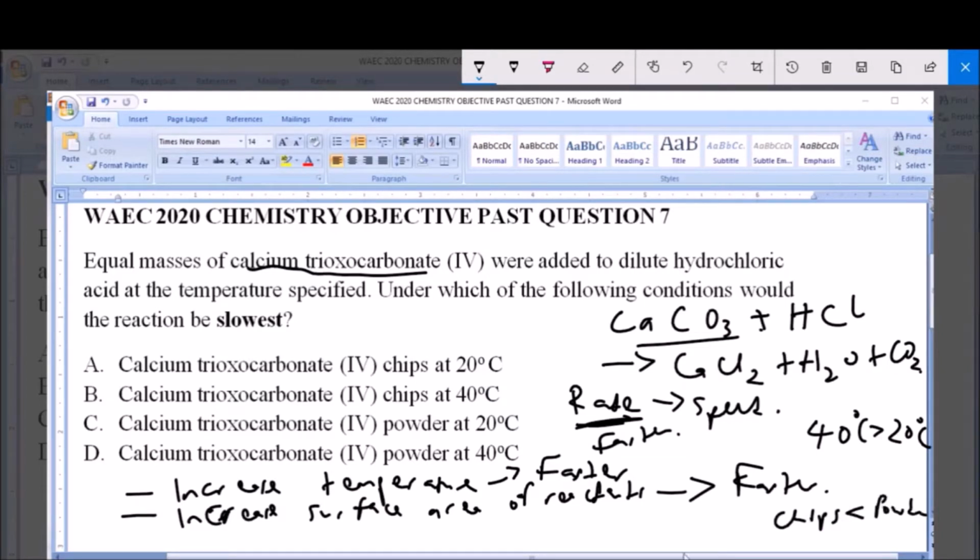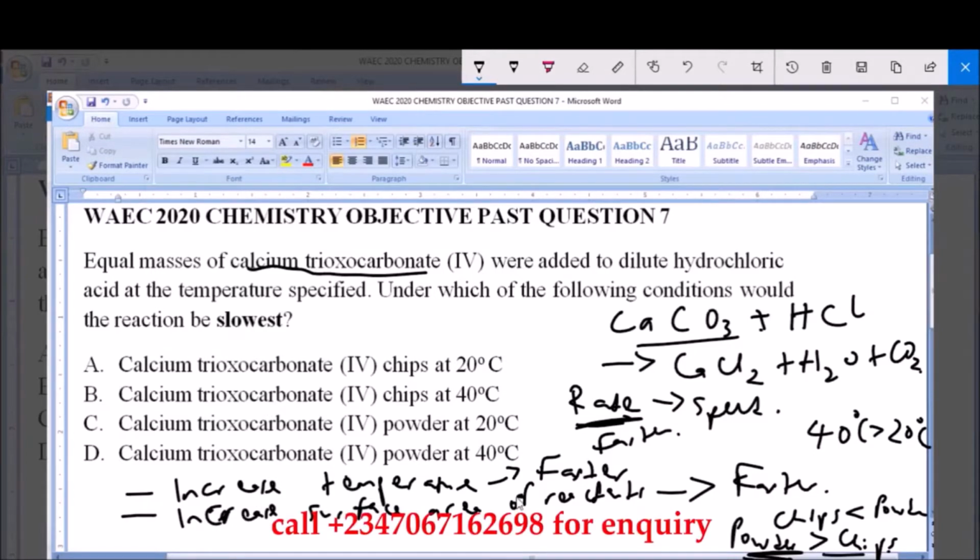In other words, powder has greater surface area than the chips. So when you grind calcium trioxocarbonate 4 into powder, you have successfully increased its surface area. So as we have seen here, an increase in both of those factors will make the rate of the reaction increase.